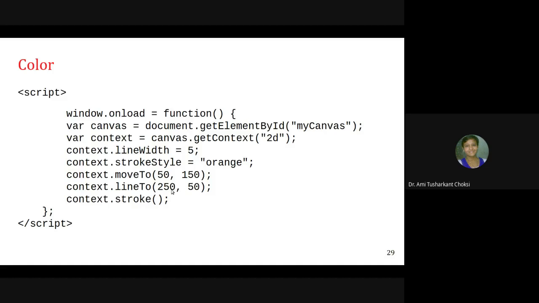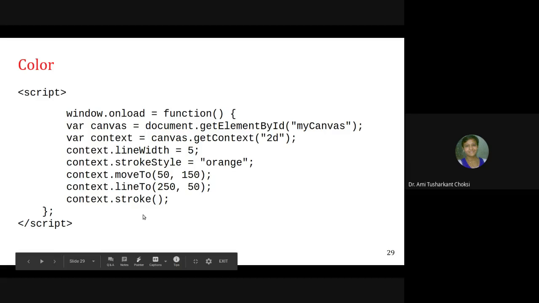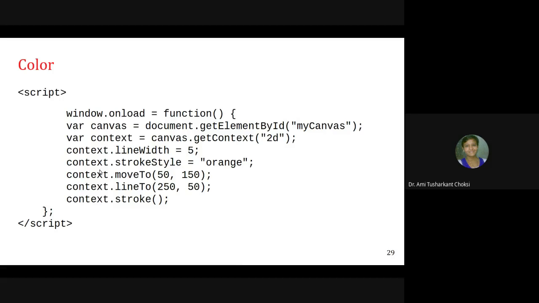Context dot lineTo will draw a line to that particular location, and context dot stroke. We know that last three lines, that is context dot moveTo, context dot lineTo, and context dot stroke, were required to draw a line.